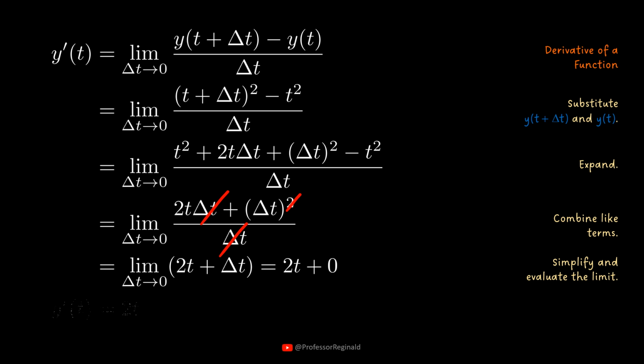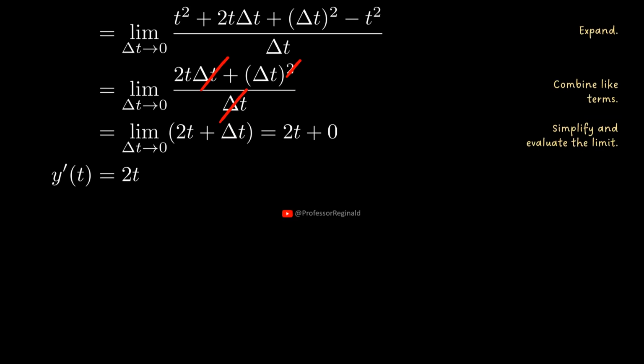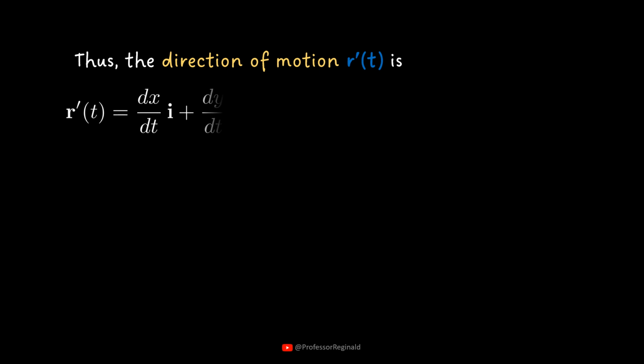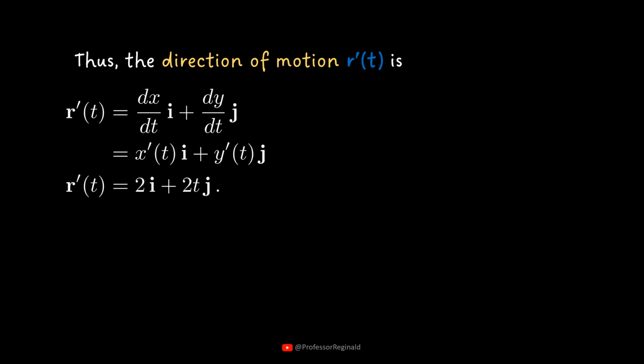Thus, the derivative of y with respect to t is 2t. Thus, the direction of motion r prime of t is the derivative of each component of the vector r. Therefore, r prime of t is equal to 2i plus 2tj.